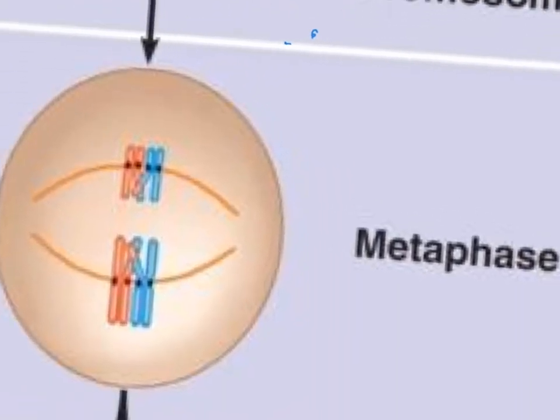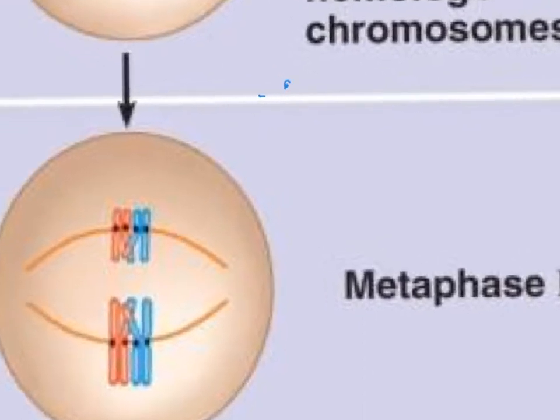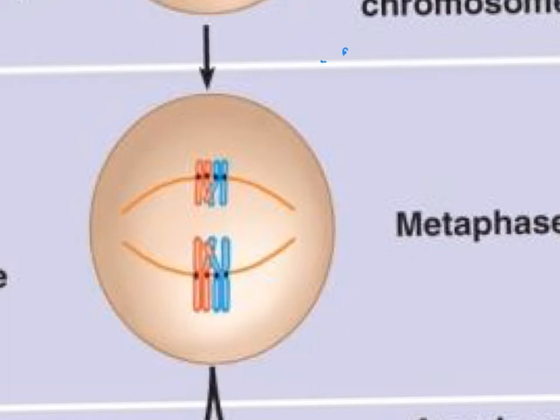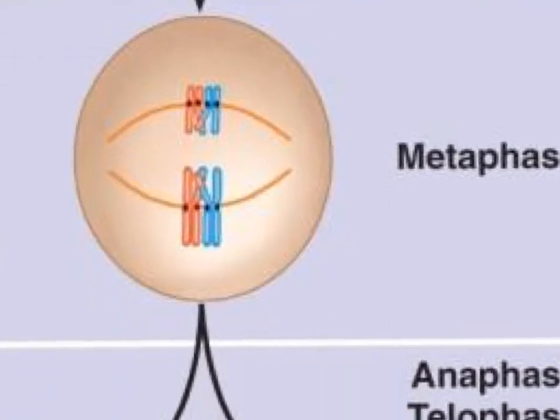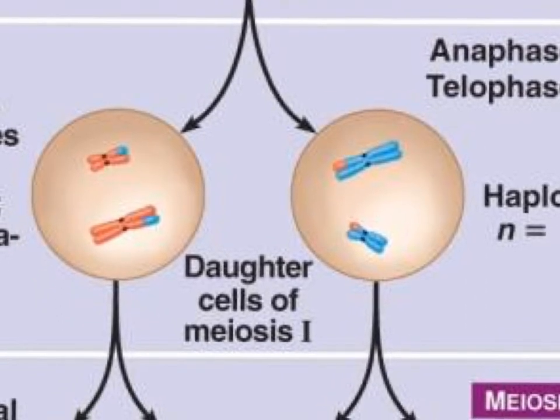And during metaphase 1 for meiosis, these 4 homologous chromosomes line up like we do in metaphase, and then they split into 2 daughter cells during meiosis 1. Okay, this is basically anaphase.